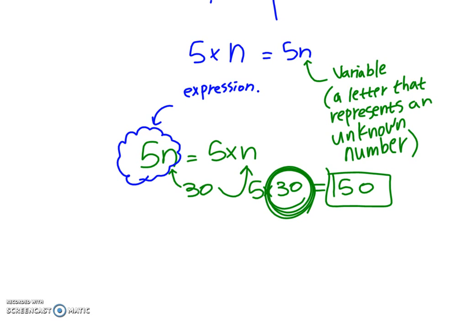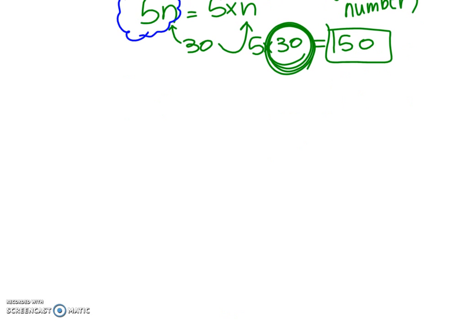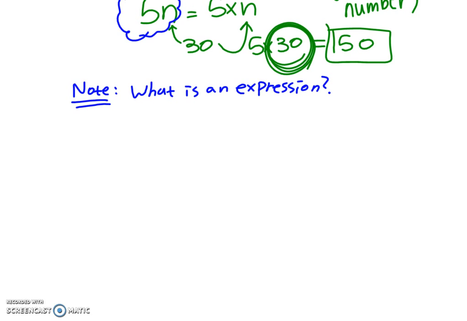If I give you the definition of an expression, it is basically any single number or variable or a combination of operations involving numbers and variables. So, basically, let's write this.